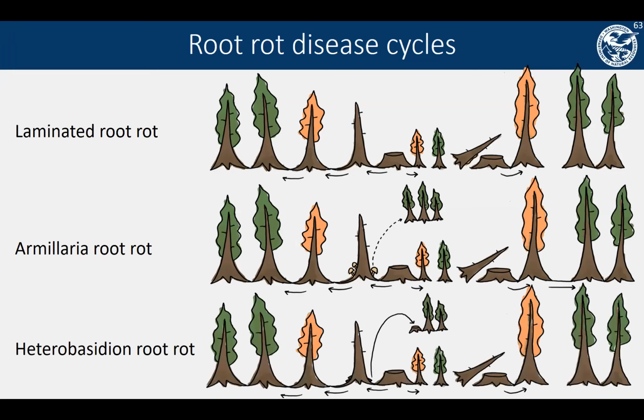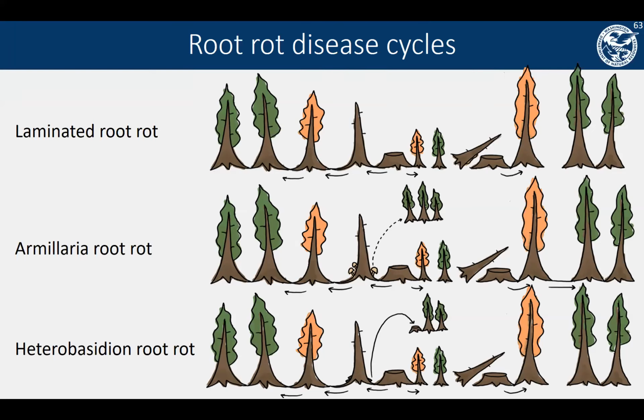And then lastly, Heterobasidion, again, just like the other three, its main means of spread is root-to-root to neighboring trees at a slow rate, and it lives in these stumps for long periods of time, just like the other two diseases. The one thing to note is that those conks that are hard to find, they produce airborne spores that are known to infect freshly wounded trees, including cut stumps that can then infect their neighboring healthy trees.